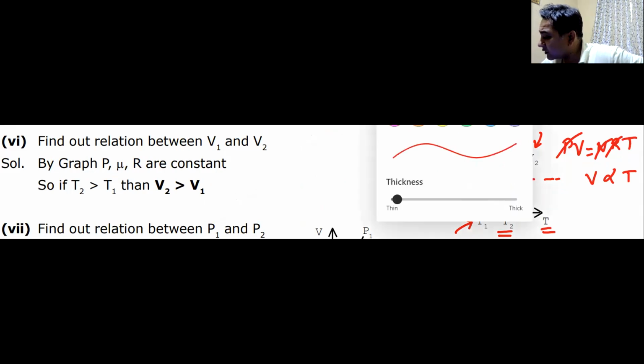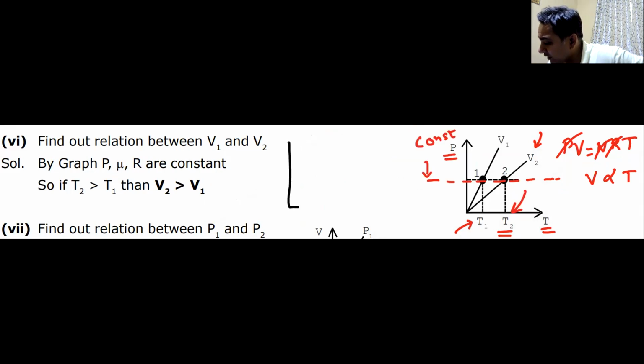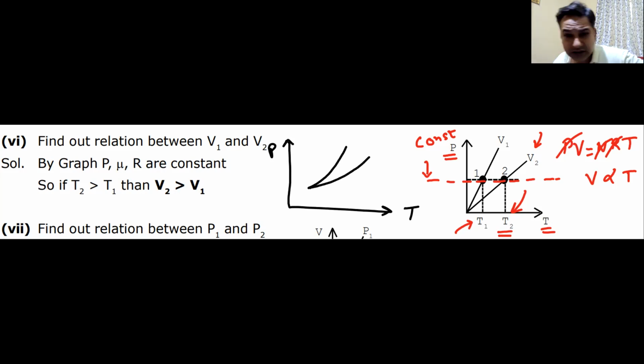For example, if the question was like this, this is T, this is P. I'm drawing it in terms of T and P. Remember that. And now I draw two graphs. Now these are not graphs at constant pressure or constant volume.